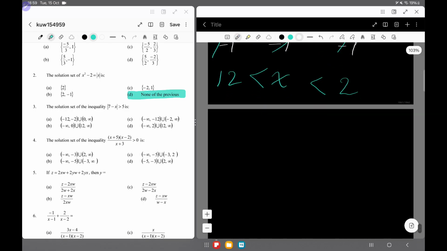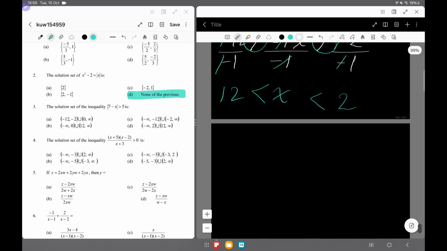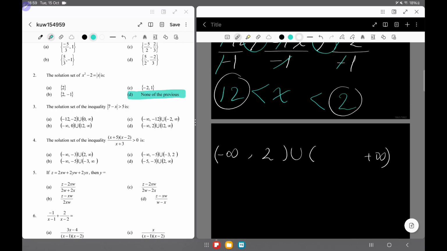So how can I write the interval? Write this, union, this. All the time we have to write negative infinity, positive infinity, with the smaller number at the beginning and the bigger number in the second one. Okay, this is the answer. So the answer is which one? D, I guess.